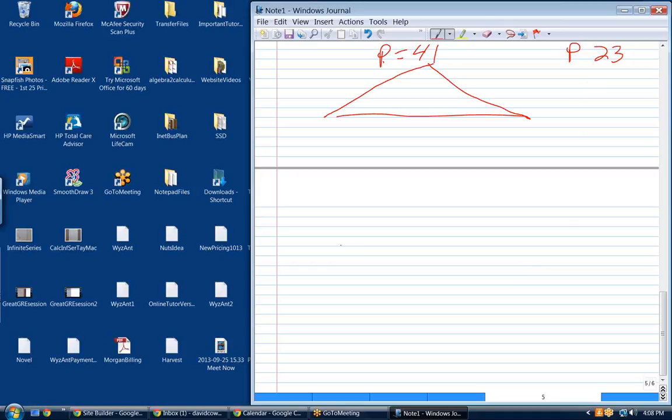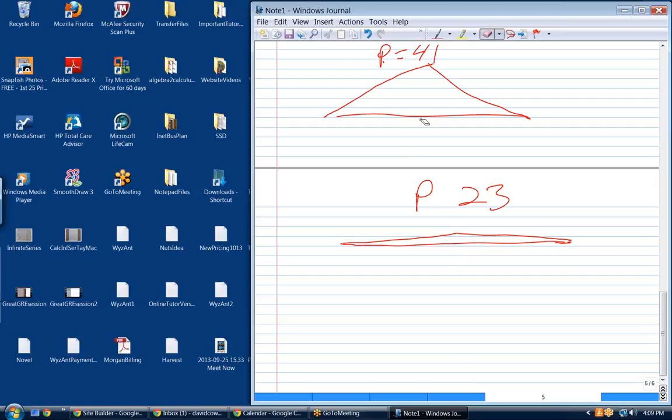Now I'm going to have to draw the second one down here. Is that a reasonable picture? We know the base length is the same, and these sides are going to have to be closer to the base length in order to give it a smaller perimeter, right?